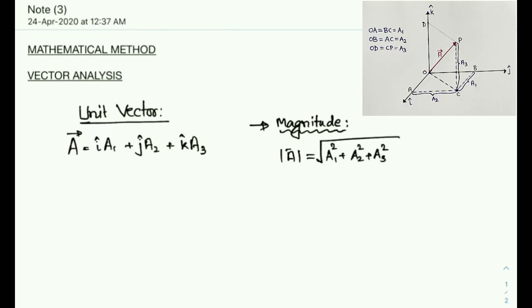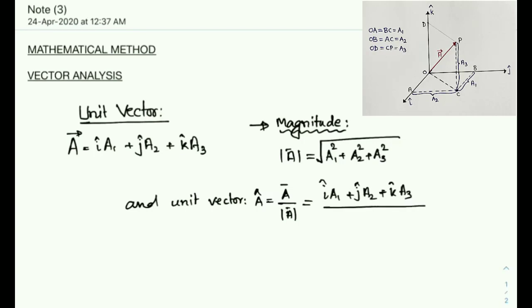So the magnitude is the square root of the sum of every component squared, and then the unit vector A cap can be expressed as vector A divided by the magnitude of A, that is, i a1 plus j a2 plus k a3 by root over of a1 square plus a2 square plus a3 square.